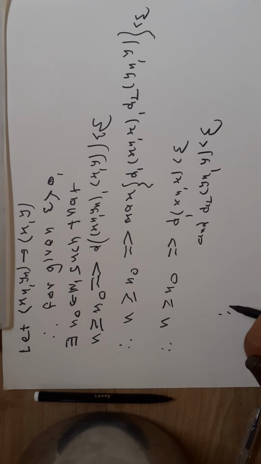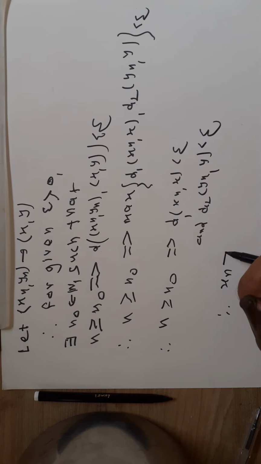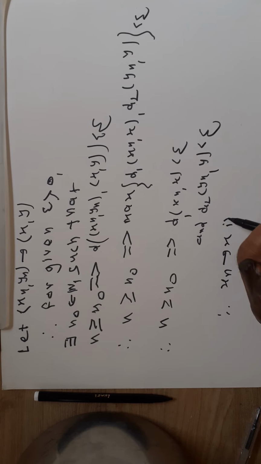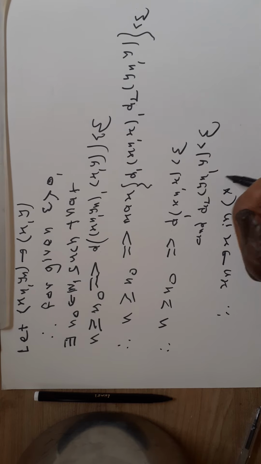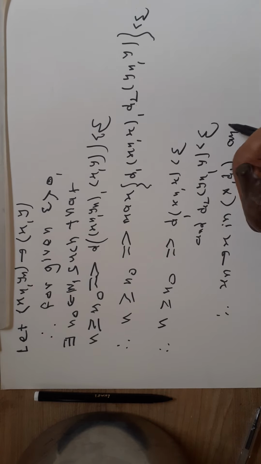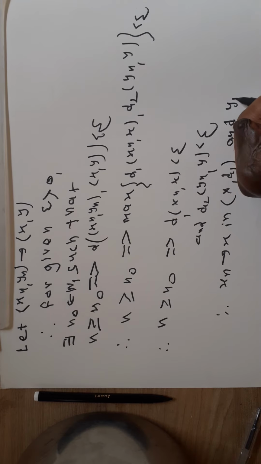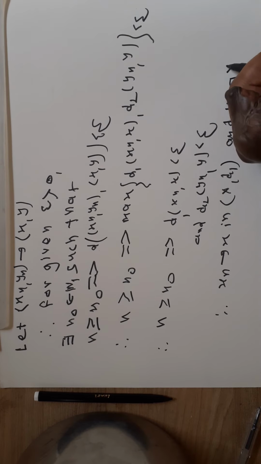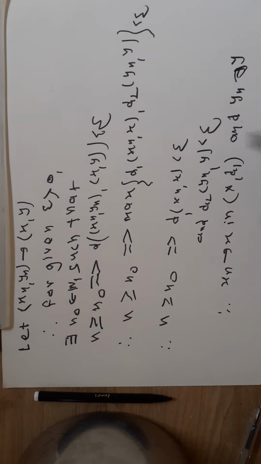This means xn approaches x in the metric space (X, d1) and yn approaches y in (Y, d2).